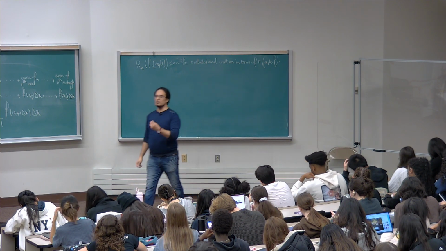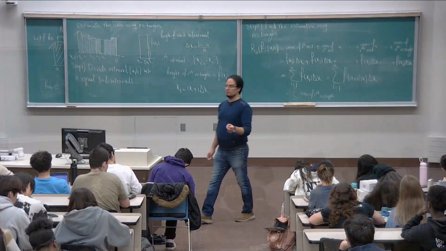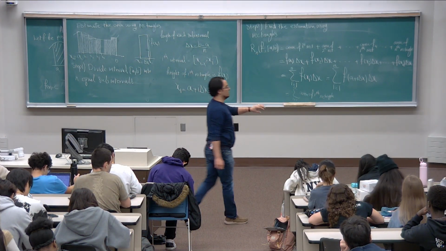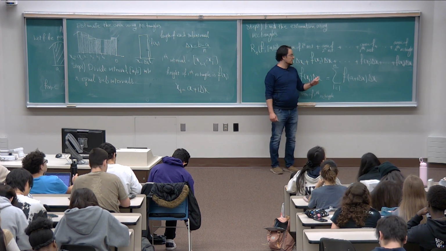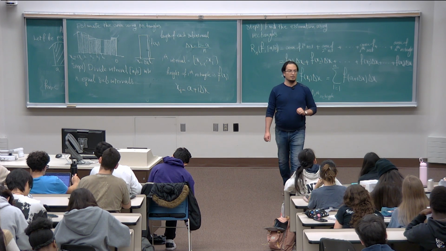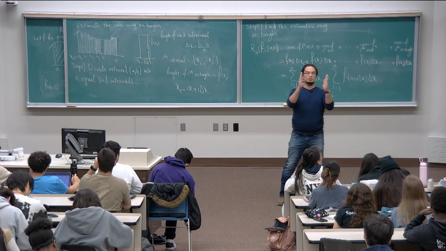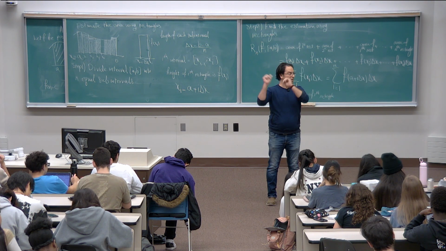If the formula of f of x is given, and a and b are two numbers, you won't see a, b, f in the final formula. In the final formula, the only thing you will see is a function of n. Meaning, if I divide this into 10 pieces, I'll get one estimation which depends on 10.